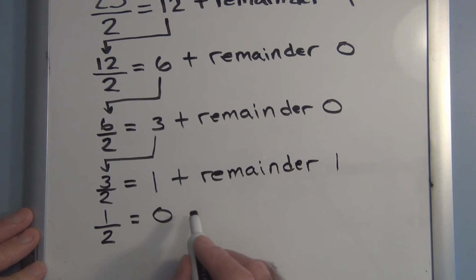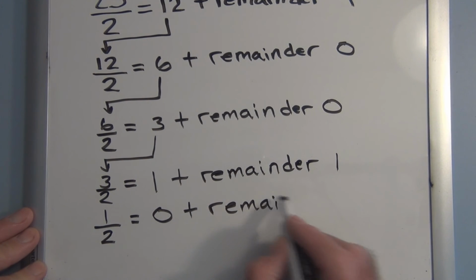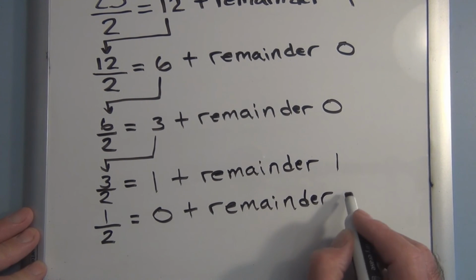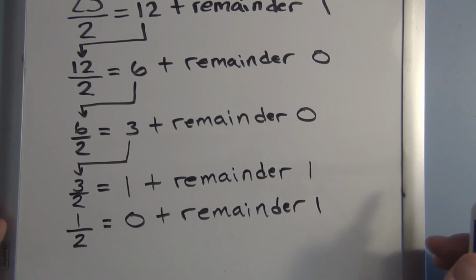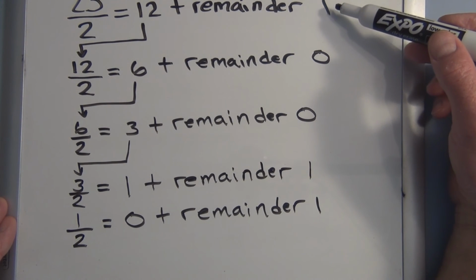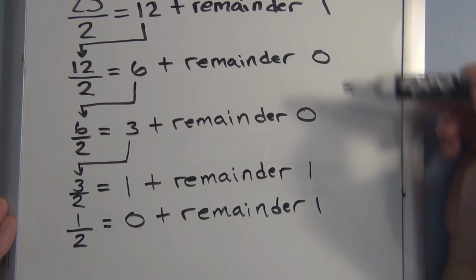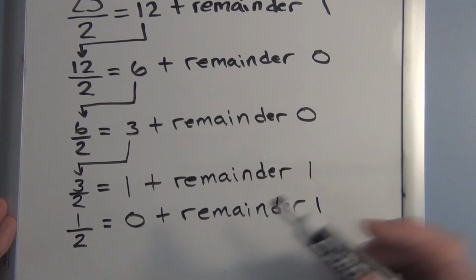So we have a quotient of 0 plus a remainder of 1. Now, the way we get the binary number from this is the first remainder is going to be the least significant bit, and the last remainder is the most significant bit.